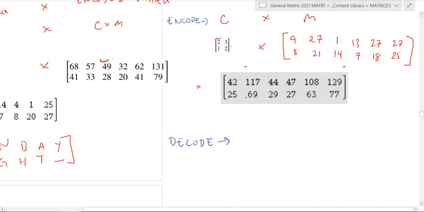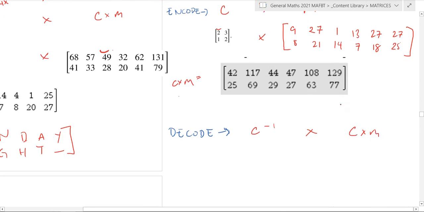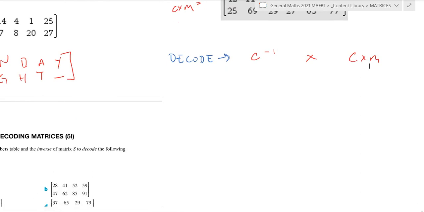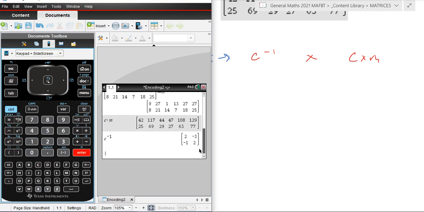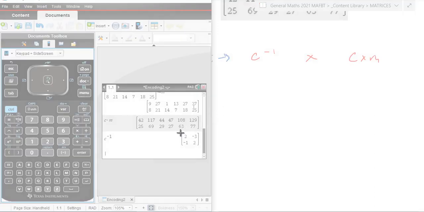To decode, you get the C inverse and multiply that with this message matrix, which remember was C times M. On my calculator, you can do your C inverse by going C to the power of -1, and that gives us the inverse of C. But remember as well, in the previous lesson, we learned how to do it by hand. So make sure you don't forget how to do that by hand. But on your calculator, it's doable by just using your calc. So there's my C inverse right here.